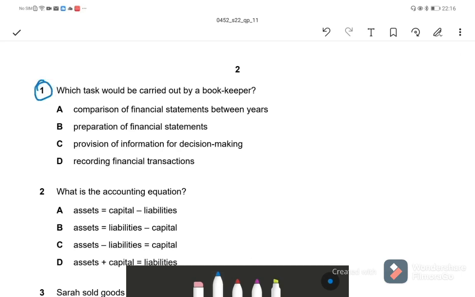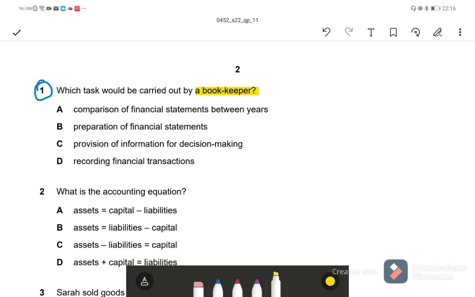Question number 1. Which task would be carried out by a bookkeeper? Given options are comparison of financial statement between years. Here the question is the task of a bookkeeper. Bookkeeper means entering all the financial transactions or recording the financial transactions.